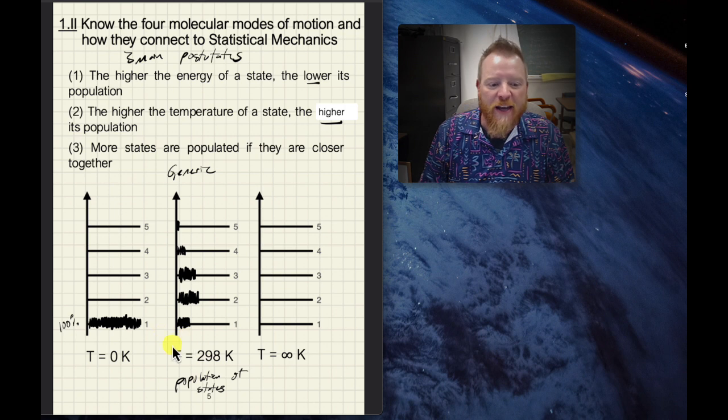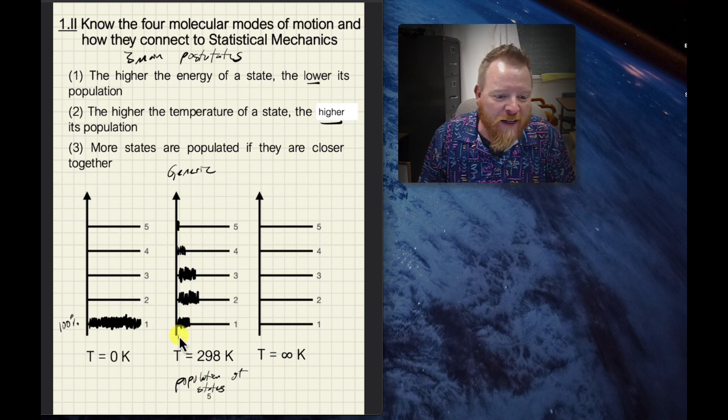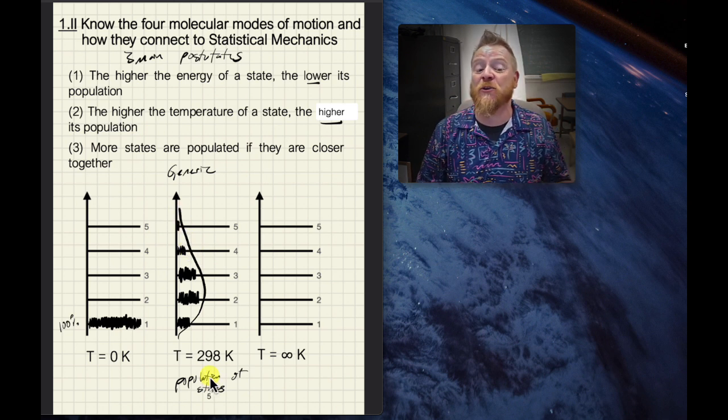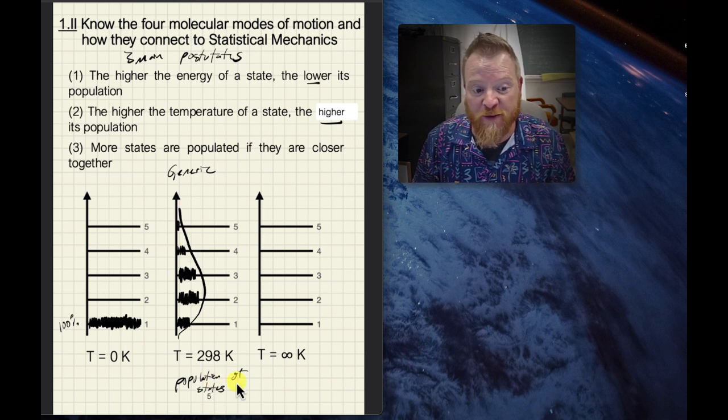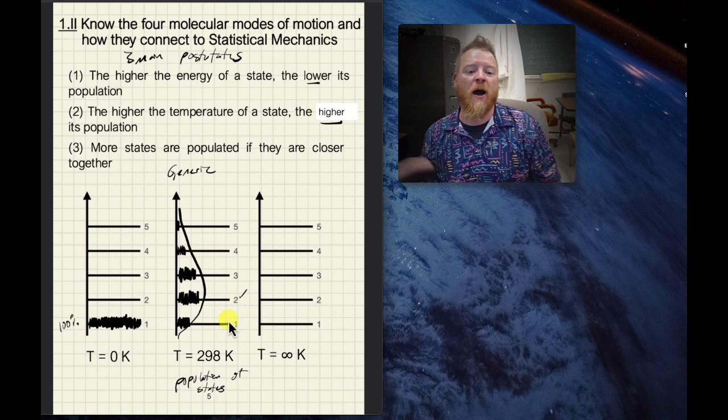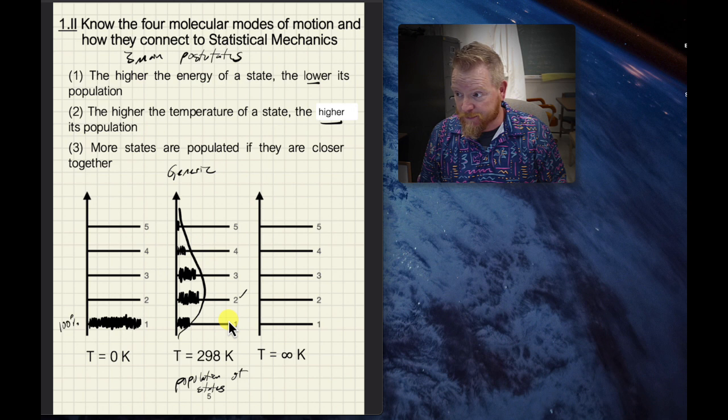If I were to tip this on its side, it would look like a bell curve. We would see some type of statistical distribution of these states, where one of these states would correspond to the most populated.